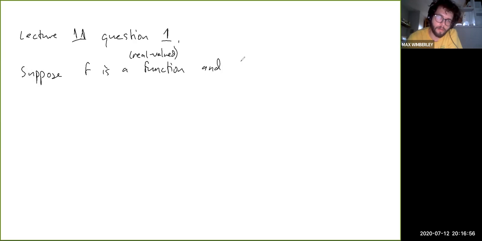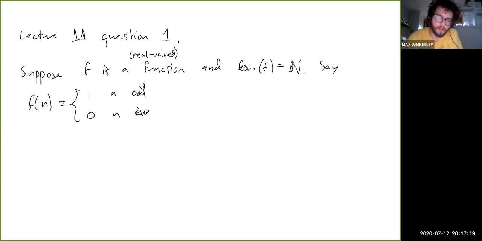And the domain of f is the set of natural numbers. And say f of n is 1 if n is odd, or 0 if n is even, right?